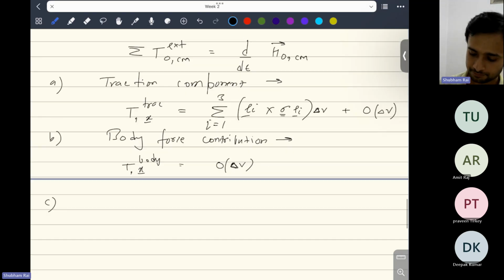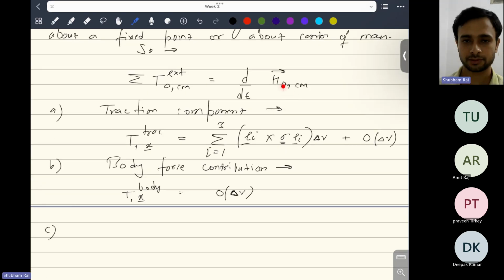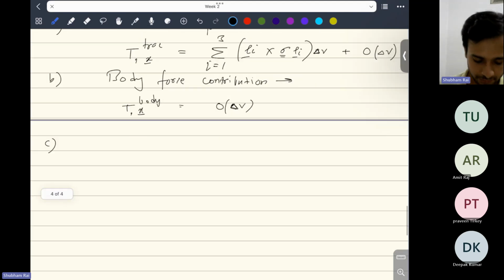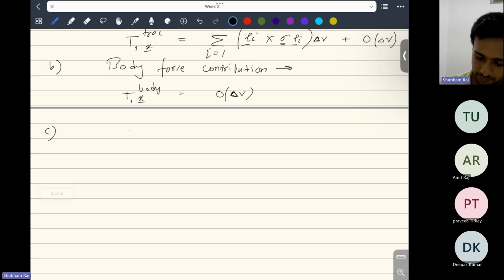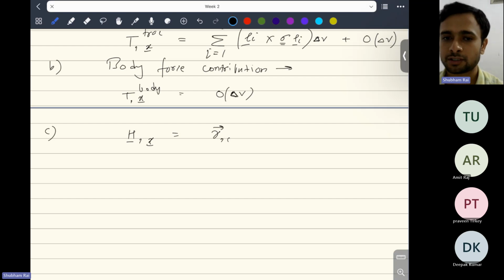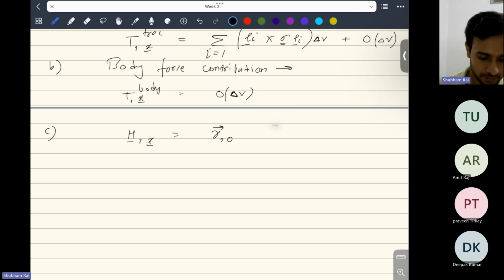Now the right hand side, which is d by dt of this angular momentum, can be written as the angular momentum of the body about any point X. So that is the position vector of that point. Let's say X is a fixed point, or you can take the center of mass. Times the position vector of the particle from this fixed point.